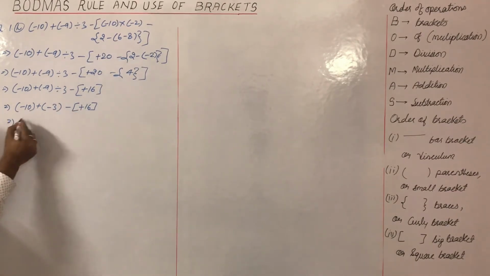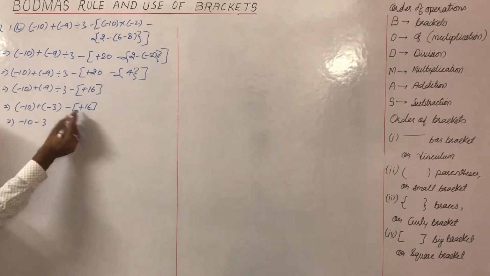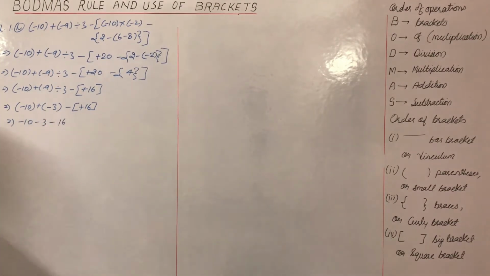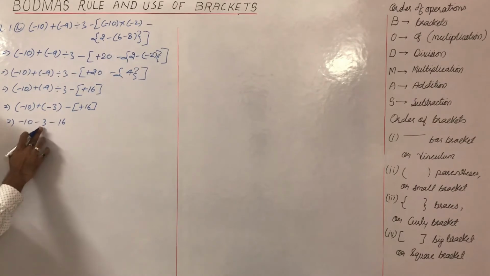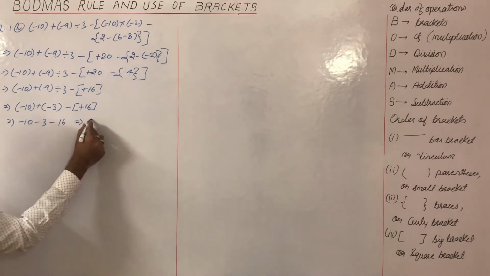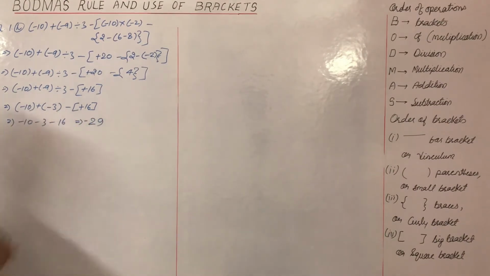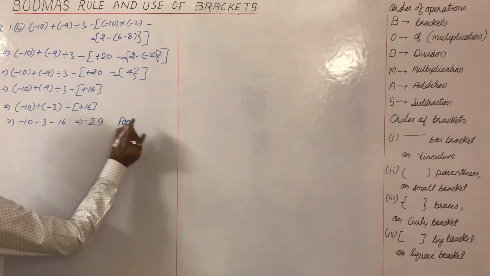So minus 10 plus minus 3 and plus minus 16. Again we have all 3 negative or subtraction. So 10 and 3, 13, 13 and 16, 29. All negative means minus 29. Minus 29 is the answer.